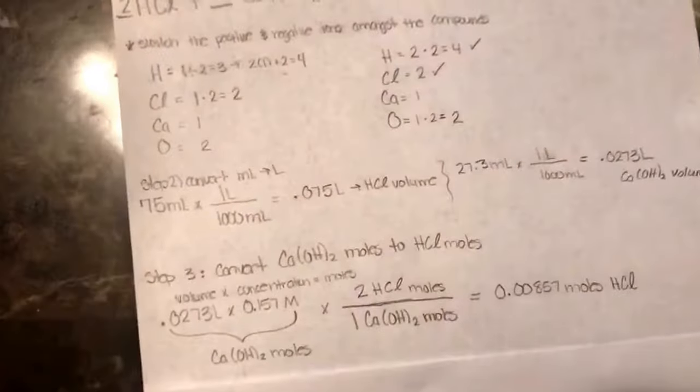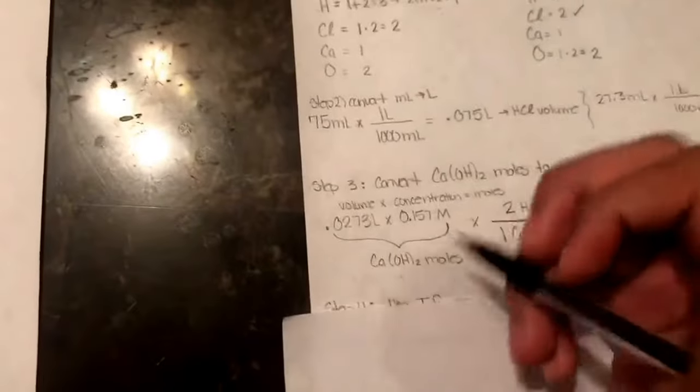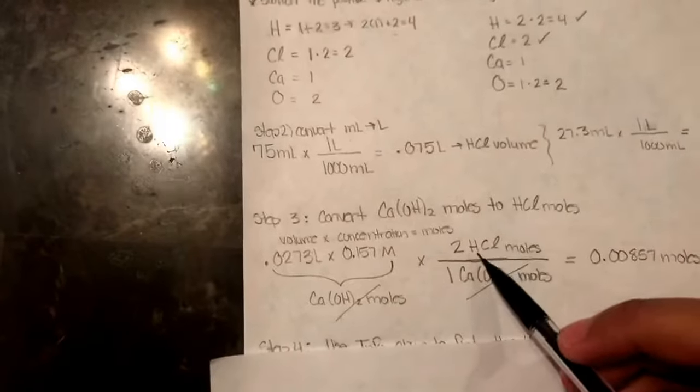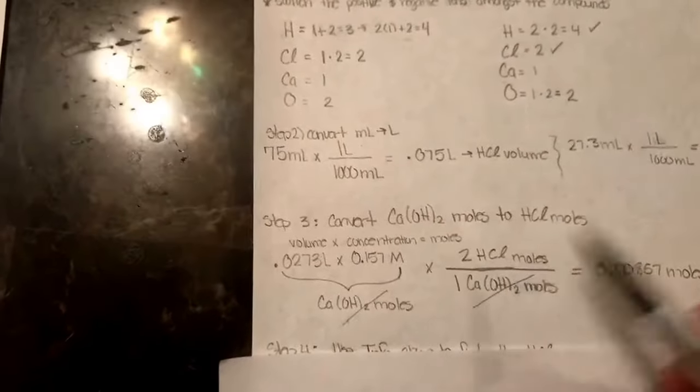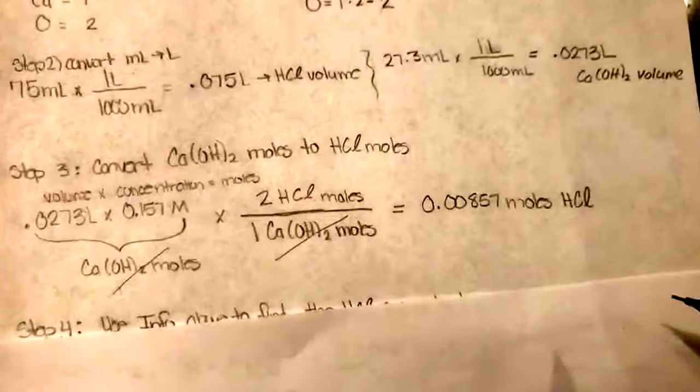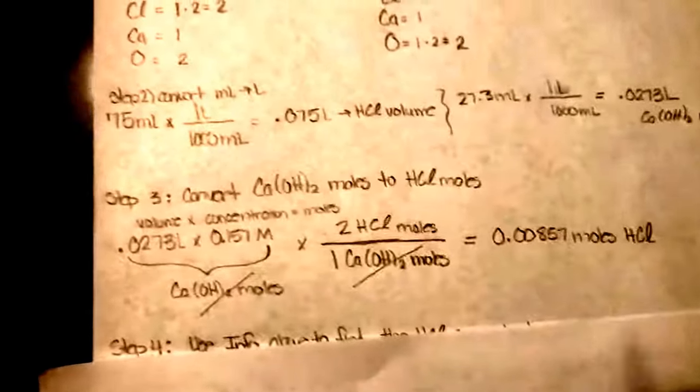We have to convert the Ca moles to HCl moles, so now it's converted, so you can cancel these out, and it could just be 2 HCl moles. We get 2 HCl moles from the balanced equation, and we multiply it, and we get 0.00857 moles of HCl.